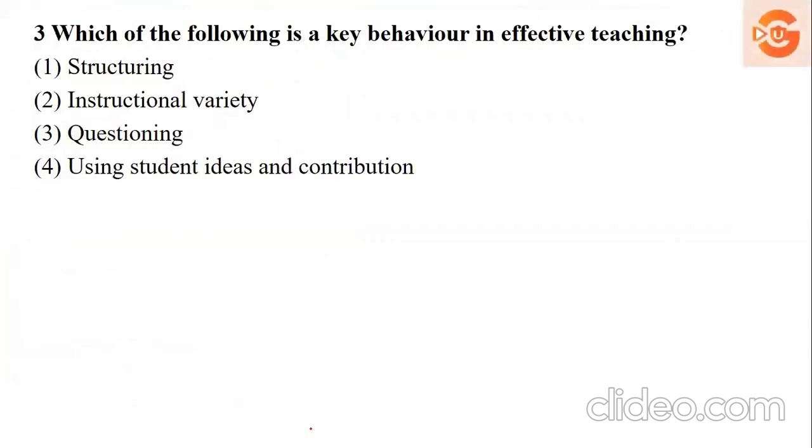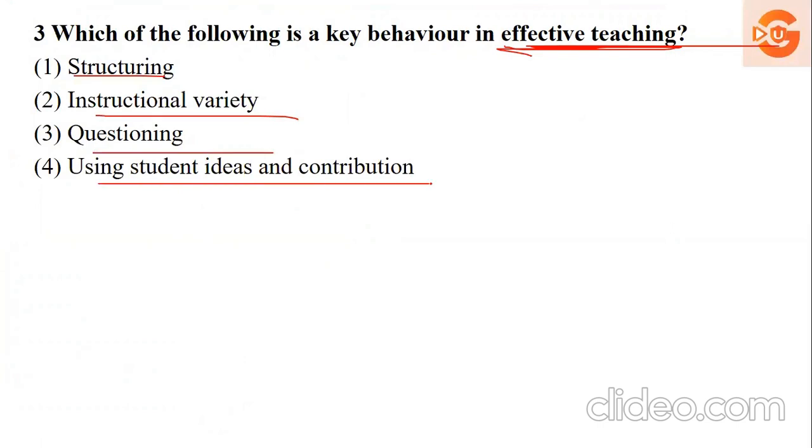Okay. Then the next question is, which of the following is a key behavior in effective teaching? Key behavior, that is, structuring, instructional variety, questioning, using students' ideas and contributions. Out of these four, which can be the most important for effective teaching? That depends on your way of instructions.